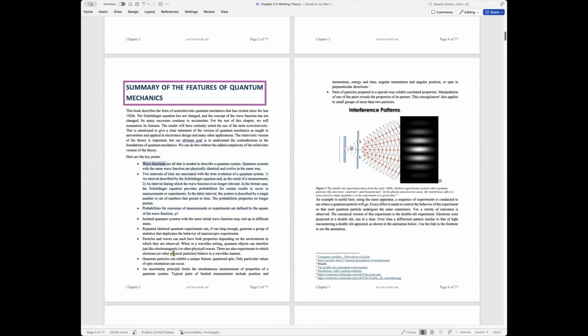Today, we're going to see a lot of emphasis on the wave function, which is a mathematical entity used to describe quantum systems. The use of the wave function has not changed in 100 years. The invention of the wave function by Schrodinger in 1926 has stood the test of time.